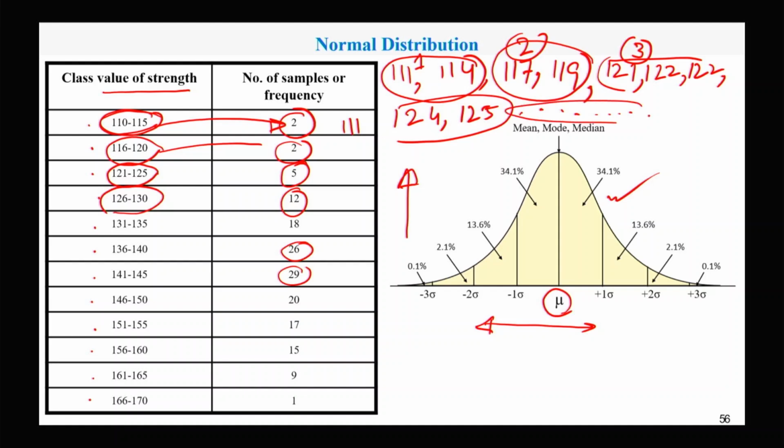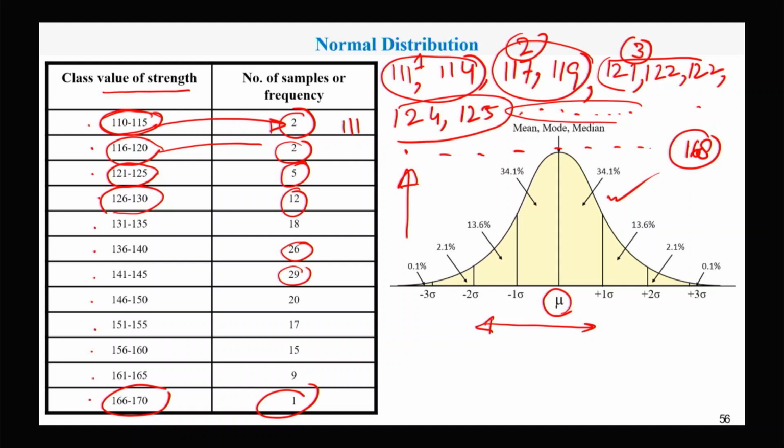So what we are doing, we are arranging this data in ascending order up to say 166 to 170. So within this last class, that is the maximum value of strength, only one data is there. So we can say it's 168. This is the last data.